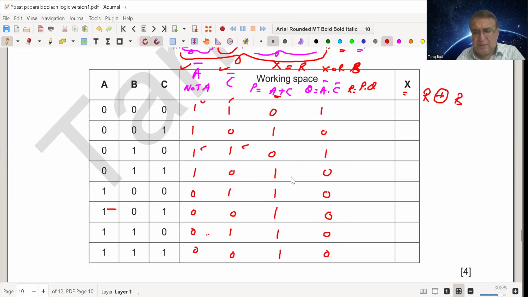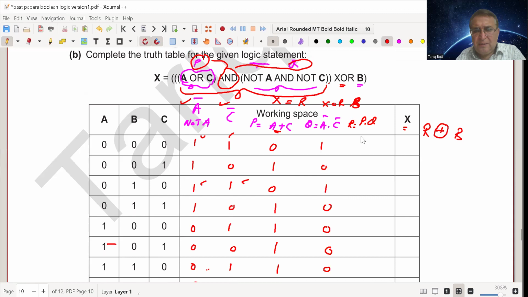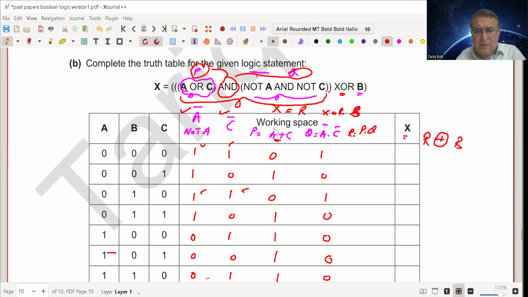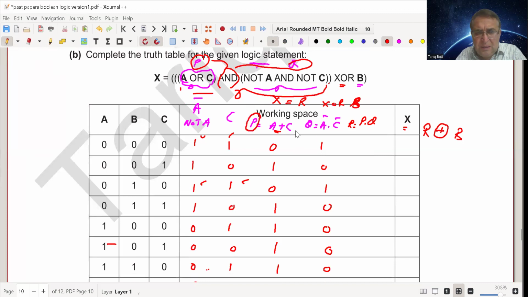Next is R, which is P and Q. So which column is P? This is P, this is Q. So you have to AND these two columns, P and Q. The output is 1 where both of its inputs are 1, otherwise 0.